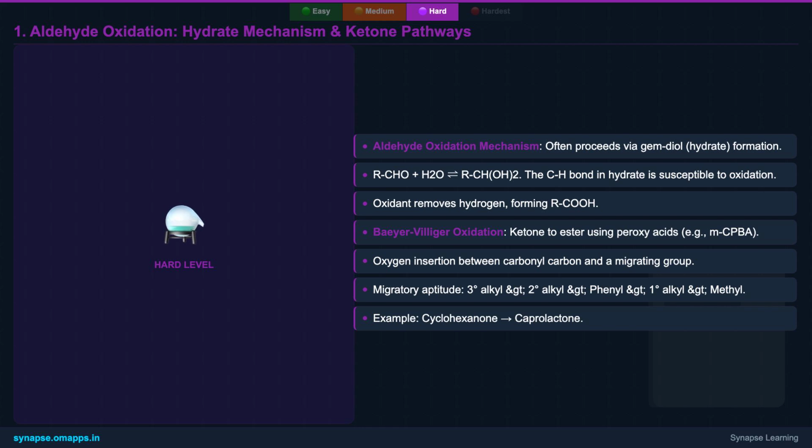For ketones, we encounter fascinating reactions like the Baeyer-Villiger oxidation, where a peroxy acid inserts an oxygen atom, converting a ketone into an ester. This reaction has a specific migratory aptitude, meaning one group prefers to migrate over another, leading to specific products.